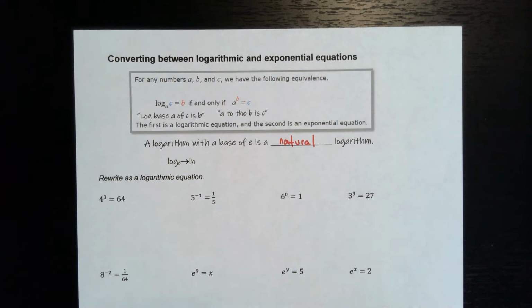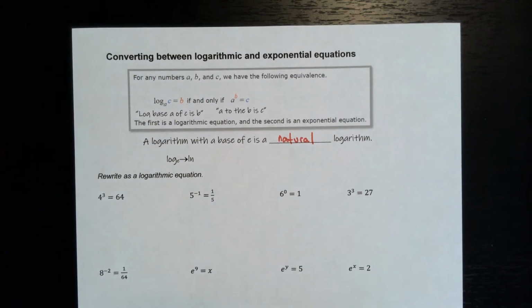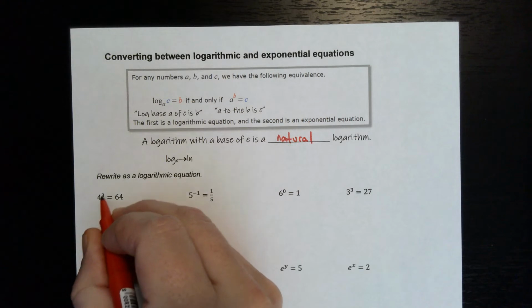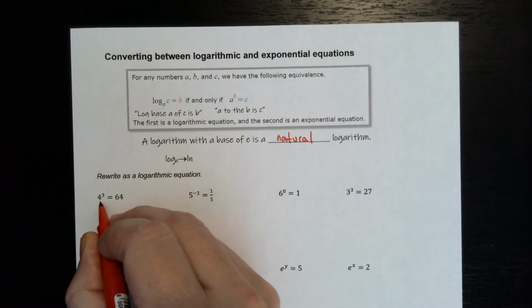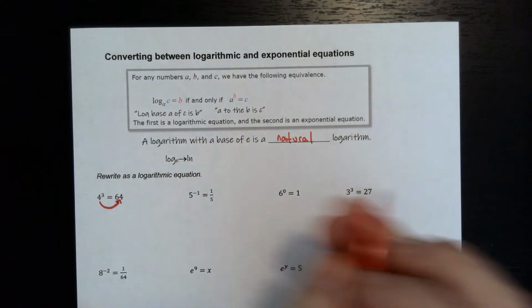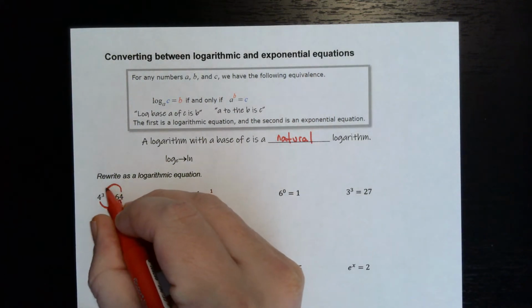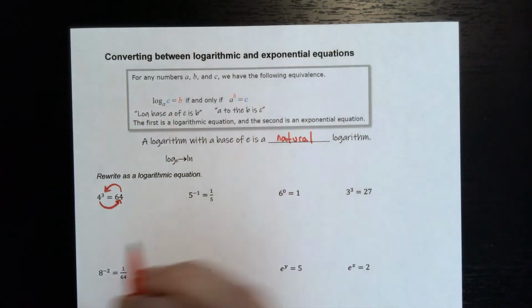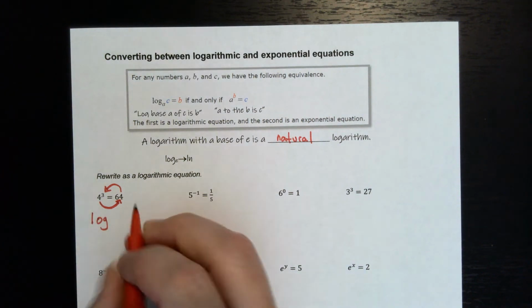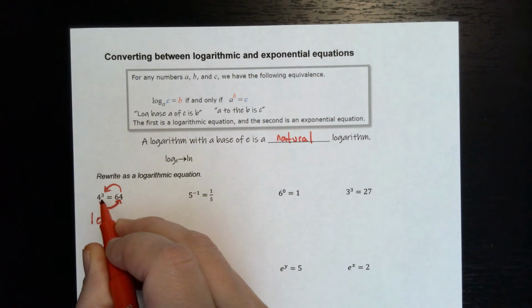Let's take a look at some of these exponentials first. We need to convert them from exponential to logarithmic, and there's an easy way to do this. I call it the circle method. You start with the one that has the exponent on it, and you draw a circle. First half of the circle points from the 4 to the 64, and then from the 64 to the 3. As you're writing your logarithm, you say log, the base is the base here, not the exponent.